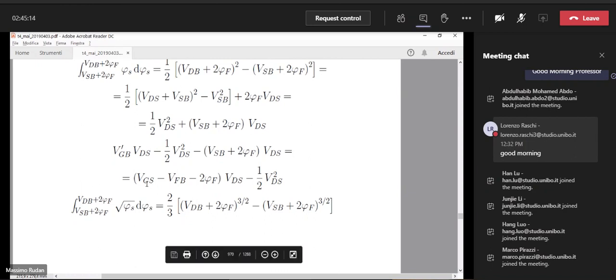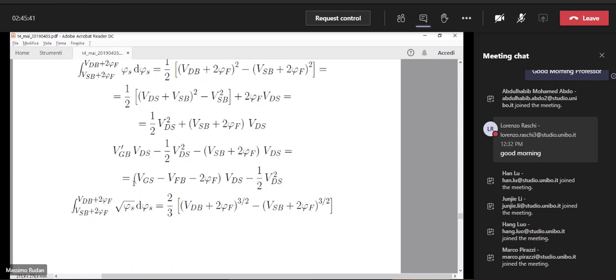So we have eventually a linear part with respect to VDS and a quadratic part with respect to VDS. So this part of the model will eventually be multiplied by beta and will provide the so-called linear parabolic part of the model.